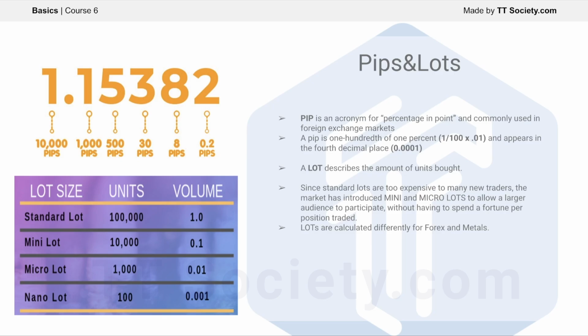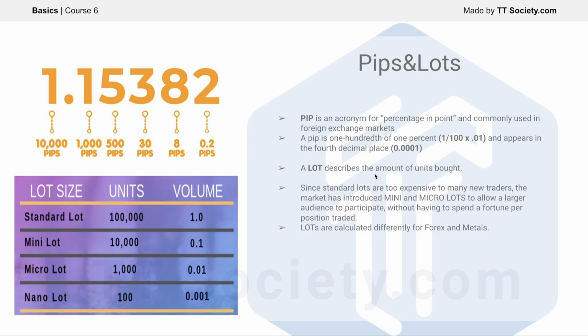A pip is a hundredth of 1%, as you can see here, and it appears as the fourth decimal place. In this example here, we've got a foreign currency exchange rate with 1 pip being the fourth decimal here, the smallest move the asset can do.